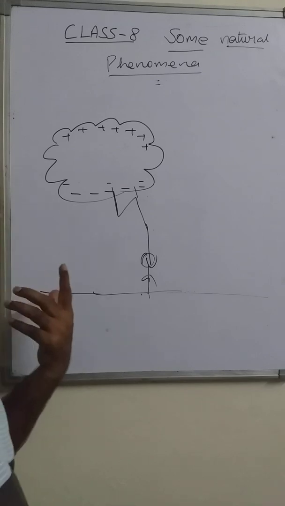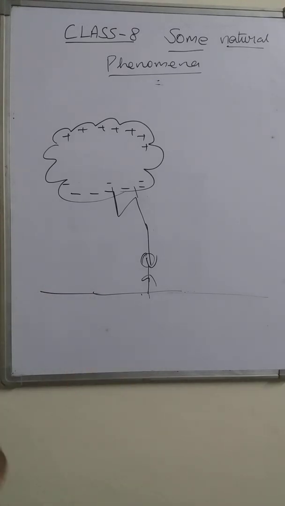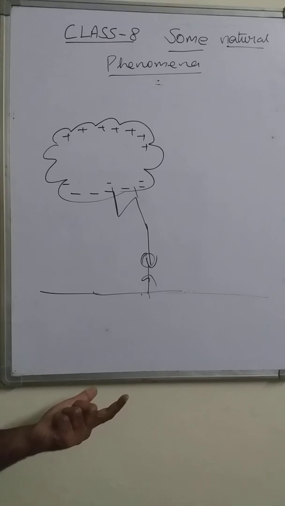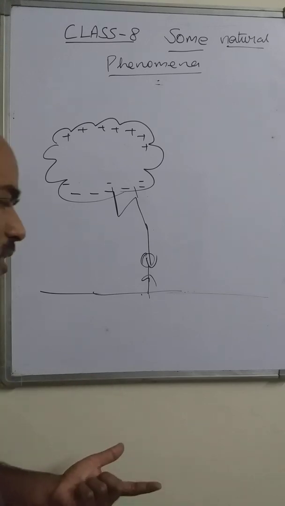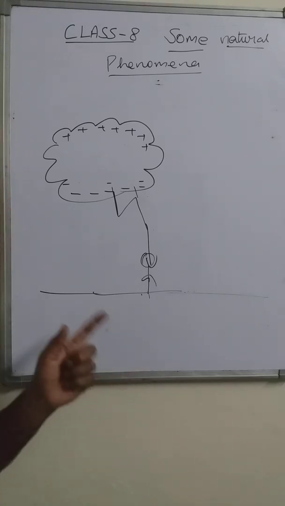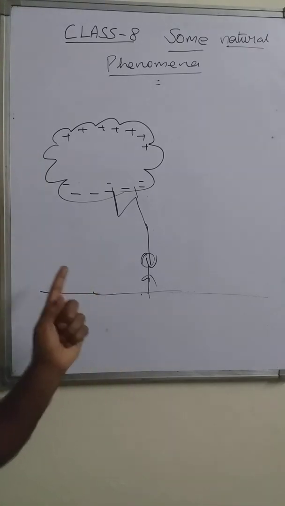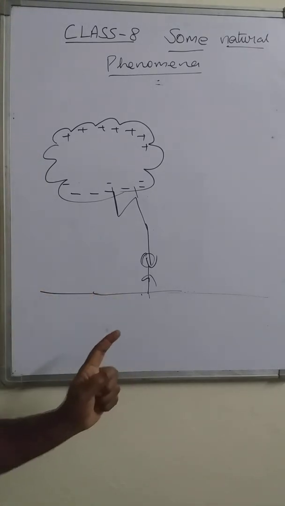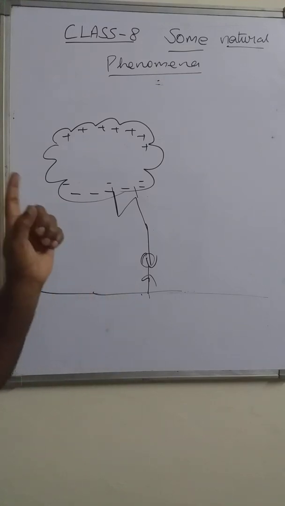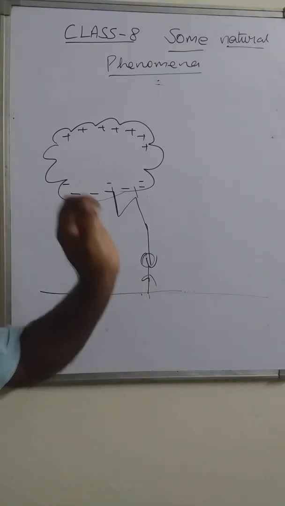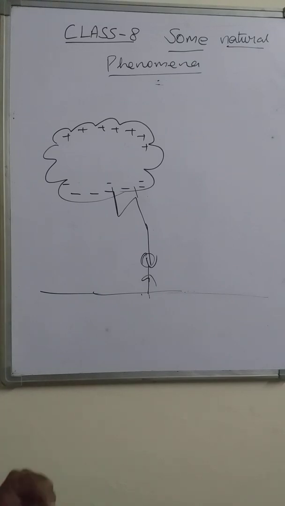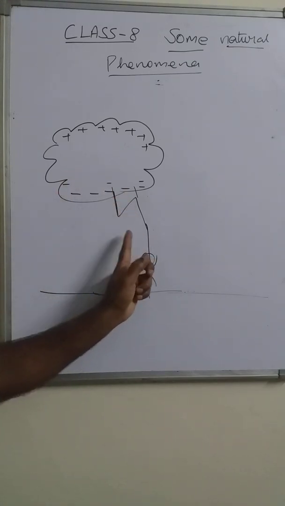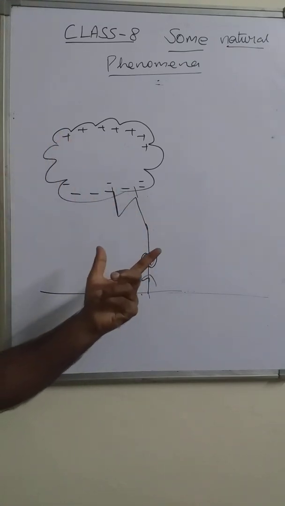If you are inside the house, then what should you do? You should not do what? During that time, all the electrical appliances should be unplugged, and even the switches should be in the off position, because lightning has very high voltage.